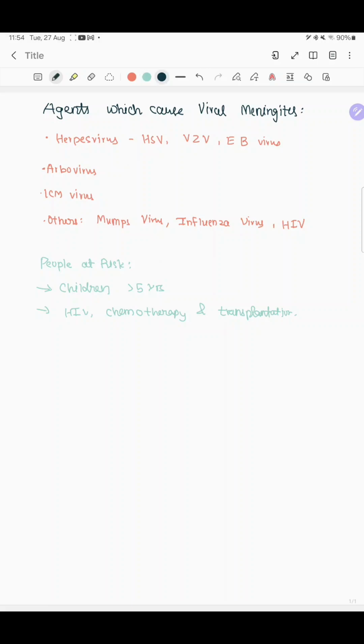The first agent, which is the most common agent, is known as non-polio enterovirus infections. These are the most common, affecting about 85% of the cases.